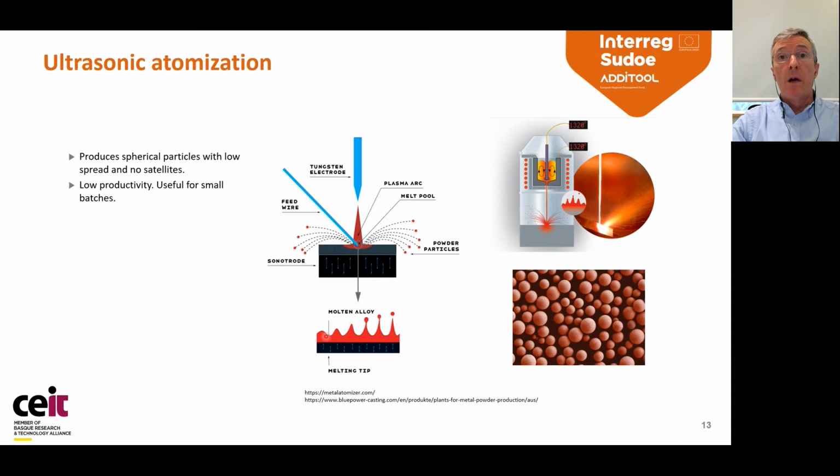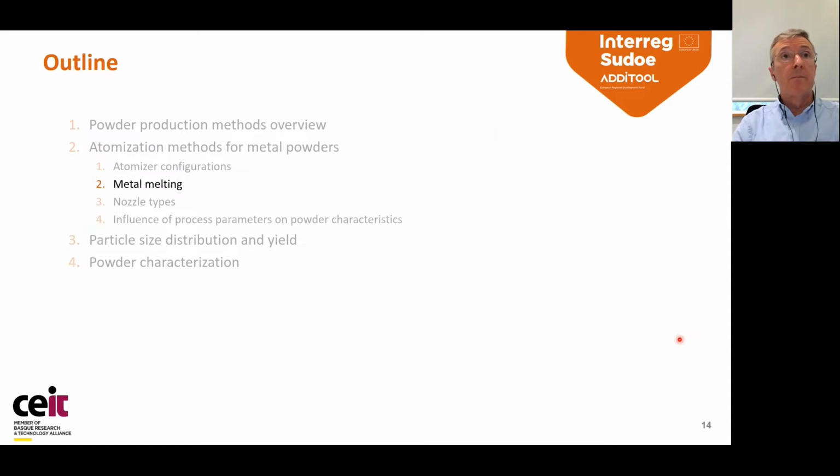So the process produces some sort of wave on top of the liquid, and then particles jump from the sheet of liquid and are collected by a cross flow that drives them to a collector. And the powder you get is very, very spherical, free of satellites, and also with low spread. But unfortunately, it has very low productivity.